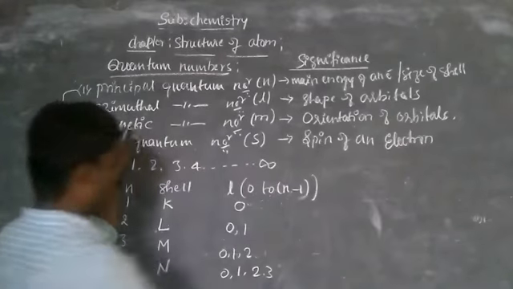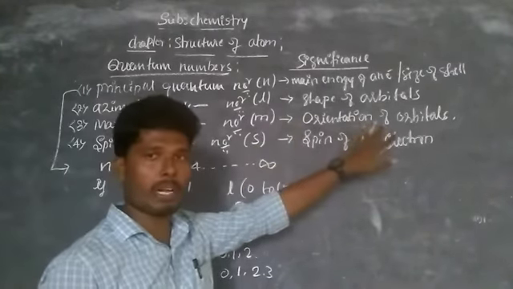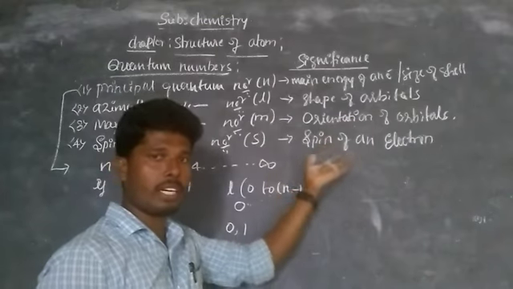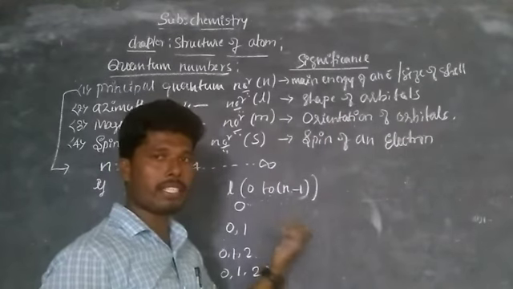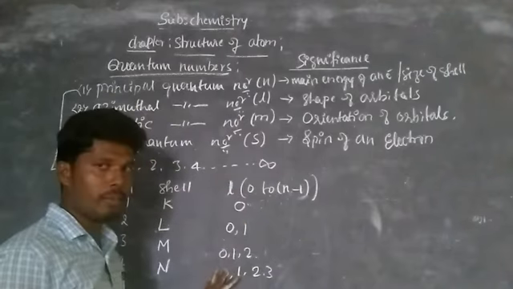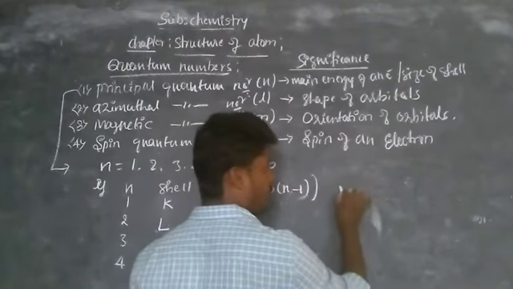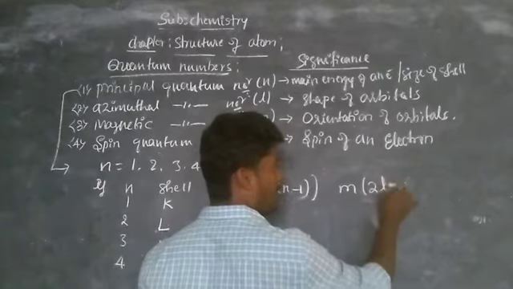The magnetic quantum number signifies the orientation of the orbital. It means the orbital is oriented in either the x-axis, y-axis or z-axis. That can be calculated by using the L values. For each L value, the m values are calculated by using the formula 2L plus 1.